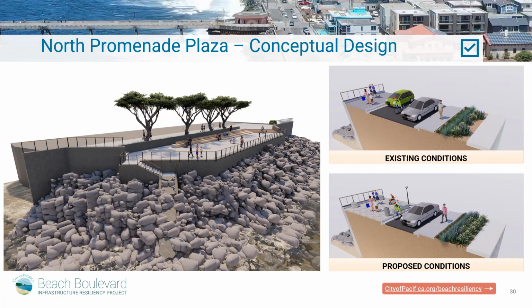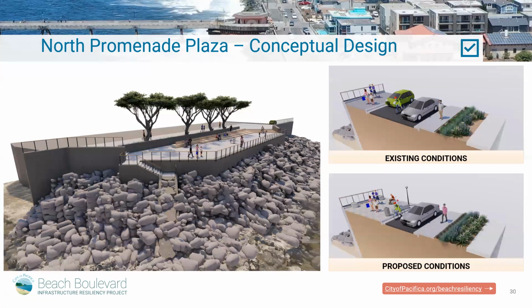So the proposed isn't going to elevate as much in this northern area, and we won't have to accommodate an adjustment between the road elevation and the promenade. You can see the existing conditions and the proposed. We're really looking at an opportunity for backfilling that space with amenities and consolidating that parking.